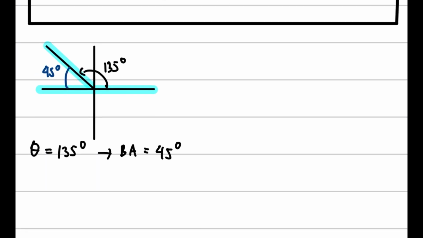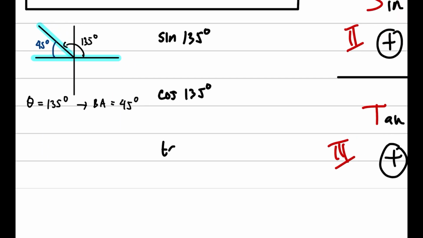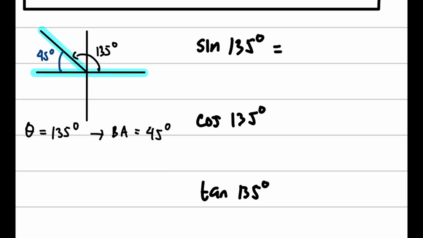First thing first, let's say I have the expressions sine 135 degrees, cos 135 degrees, and tangent 135 degrees. How do you find the value of sine 135 degrees? You have to find the basic angle. Your theta here is 135 degrees, so we find that the basic angle is 45 degrees.